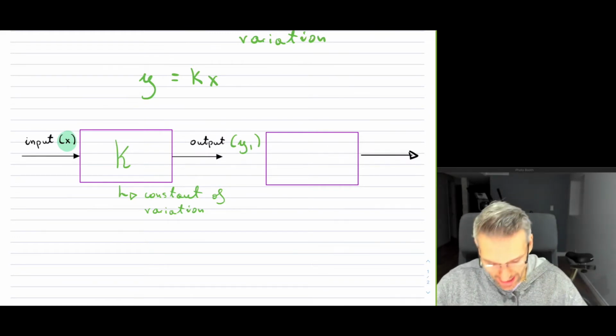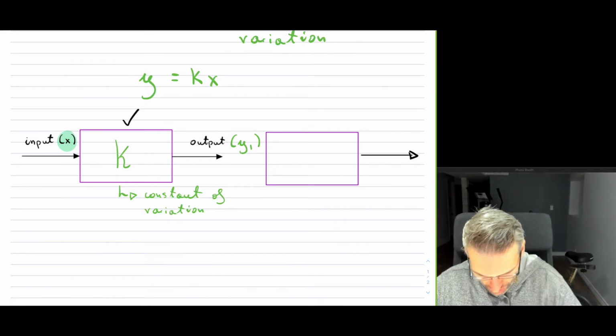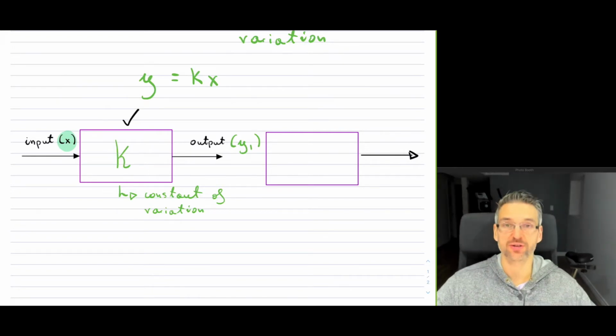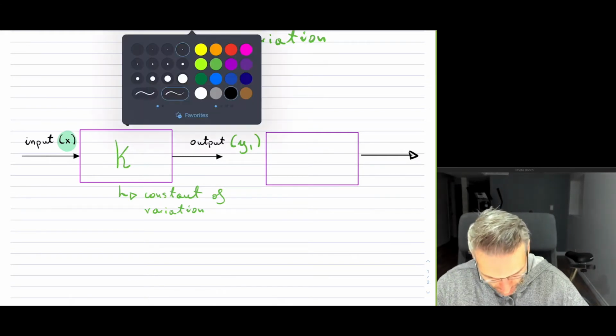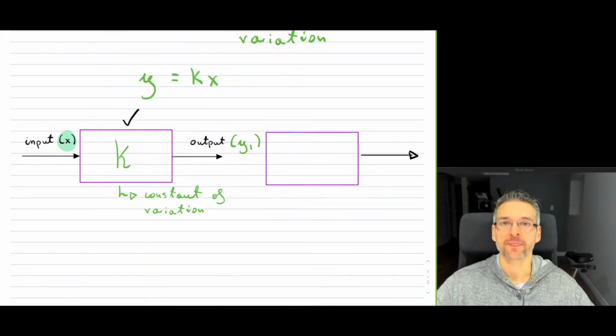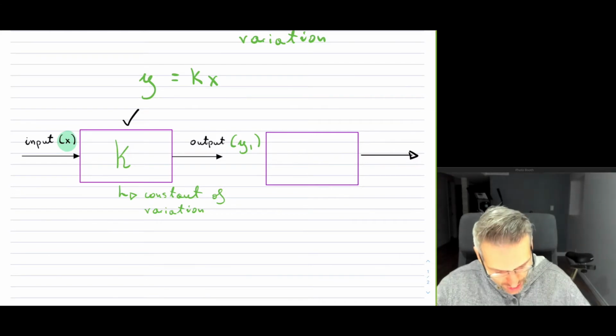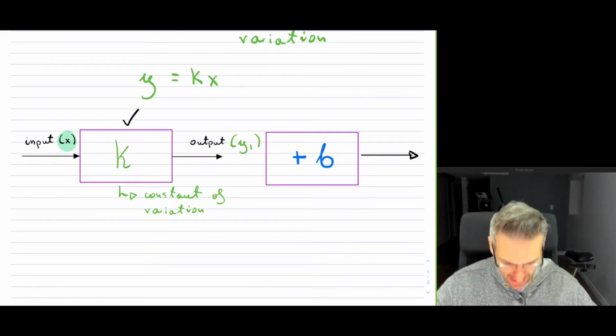So you have your scaling of k, which is your constant of variation or constant of proportionality, and then you're going to have another type of shift. You're going to be shifting this by some factor. I'm going to call this factor b.